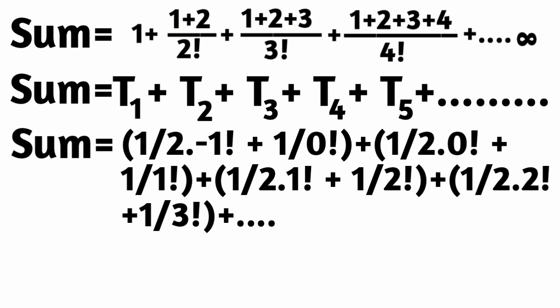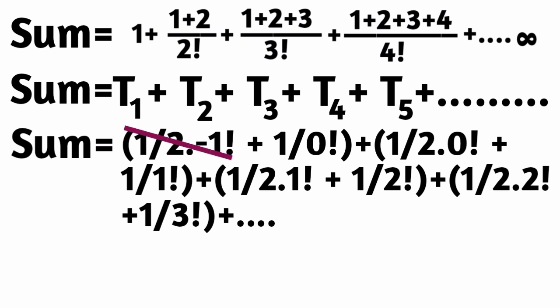And similarly for t3, 1 divided by 2 into factorial 1, plus 1 divided by factorial 2. But here we can also say that in the first term t1, the value 1 divided by 2 into factorial minus 1 does not exist.